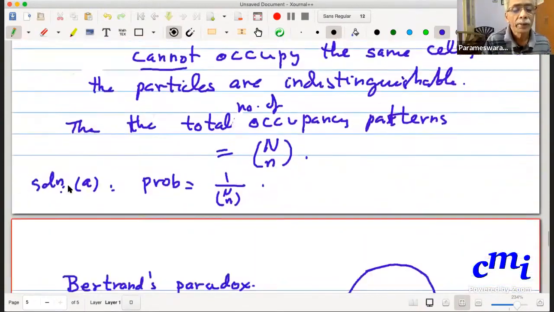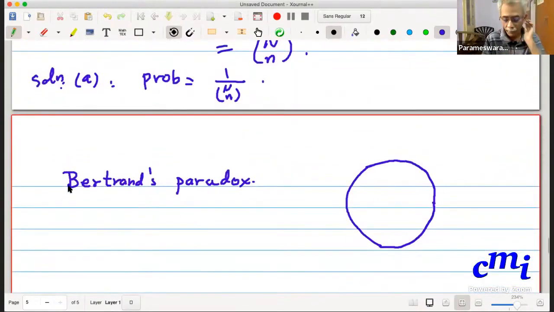Now, what is Bertrand's paradox? It's very interesting. It gives some insight into why we need a very rigorous formulation of probability space. Like I had mentioned, you should know your omega, your script F and the function P. Here is a problem.